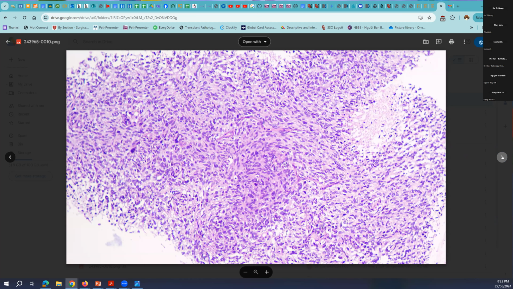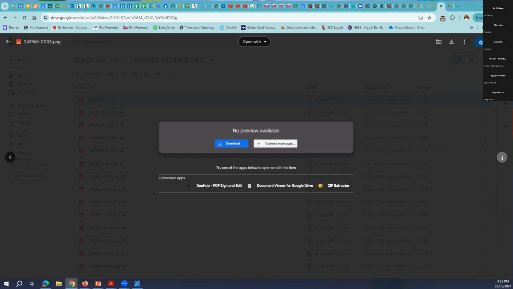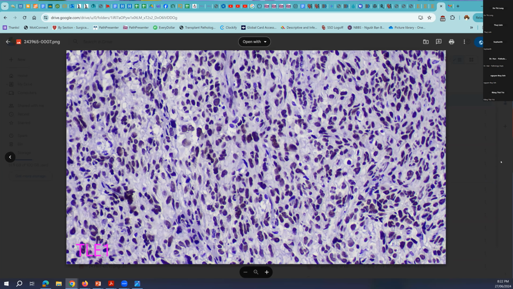Then, Dr. Lin, you also reported that this patient had some weak EMA staining. Here's more TLE. I think that's the last one. But no cytokeratin staining. So is this a monomorphic synovial sarcoma or something else?